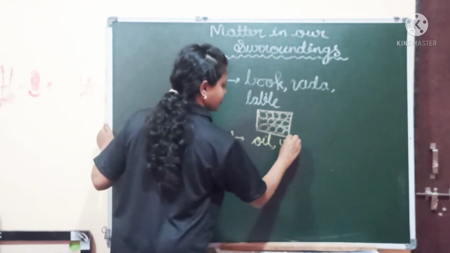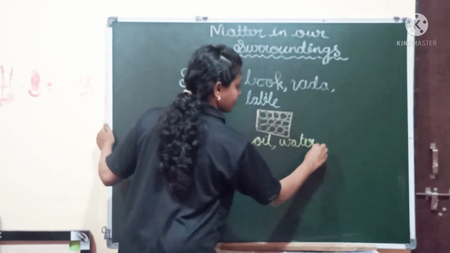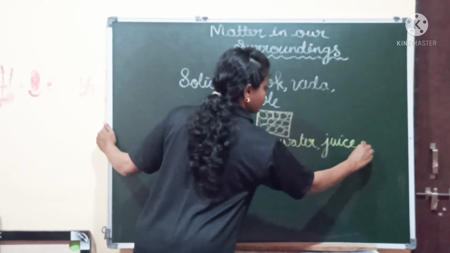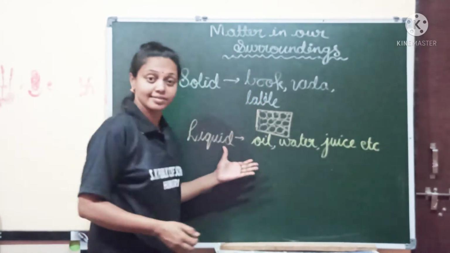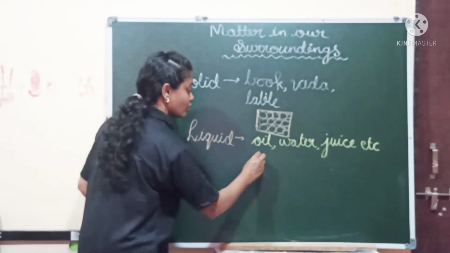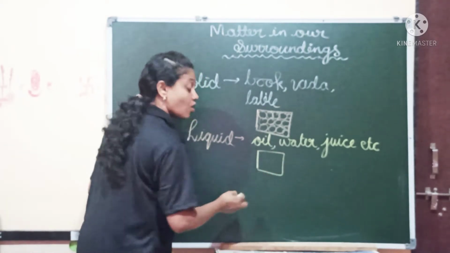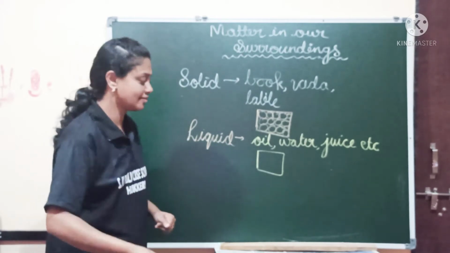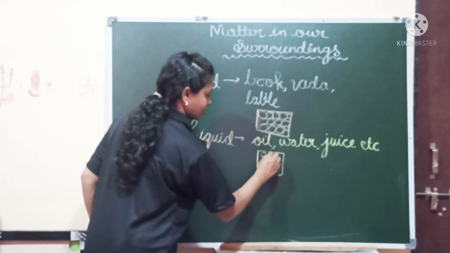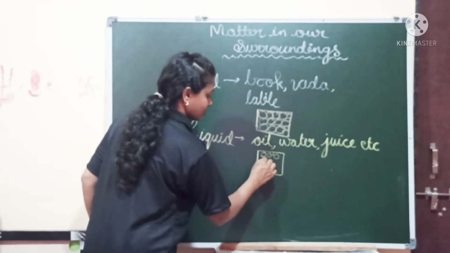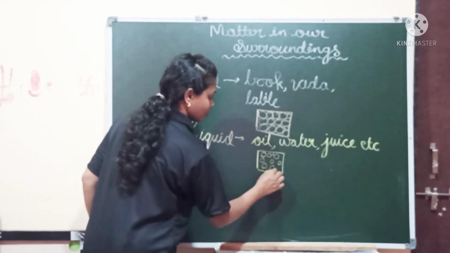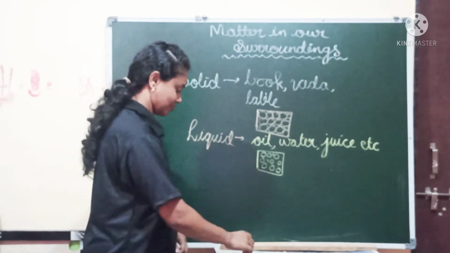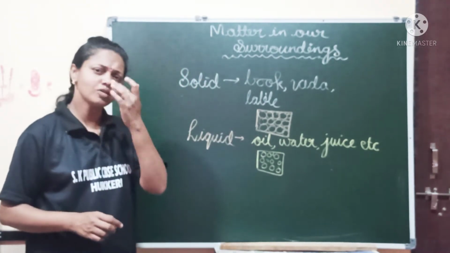Oil, water, juice, etc. Here the intermolecular space of the liquid is loosely packed. It means they have a little bit of intermolecular space in between them. Understood? This all we have studied.